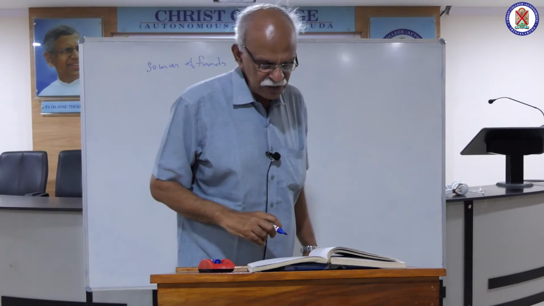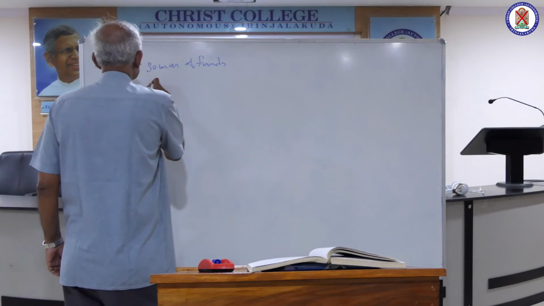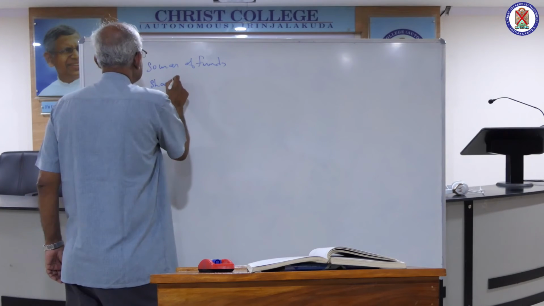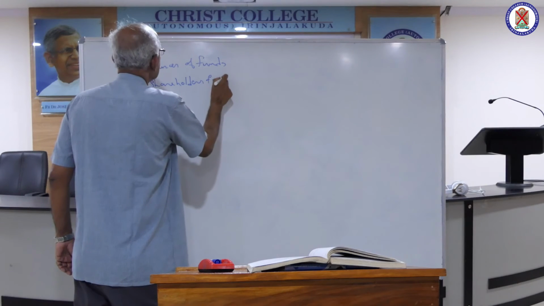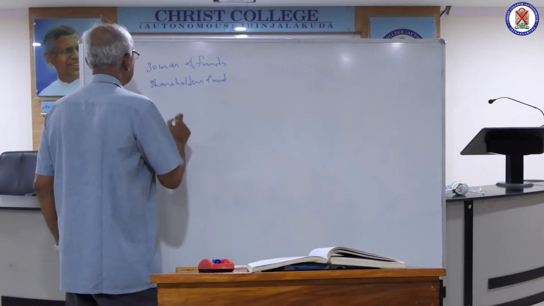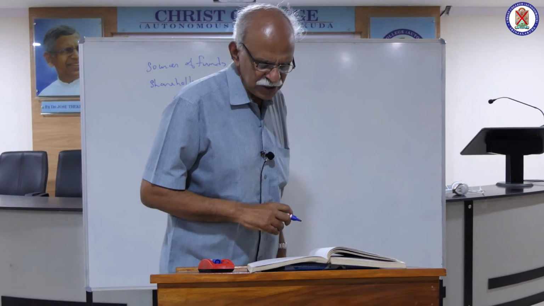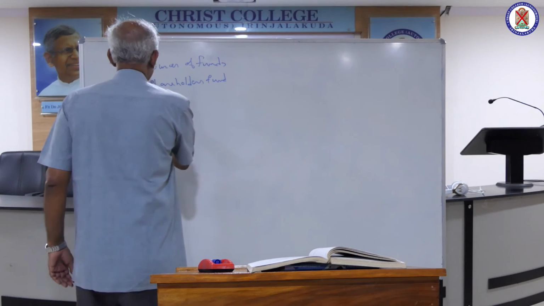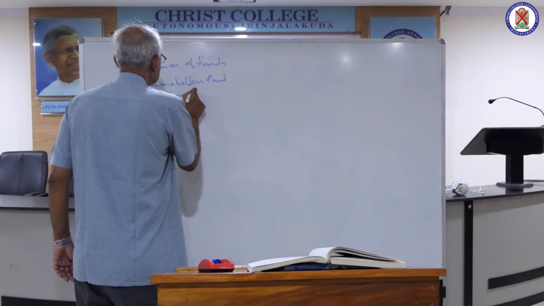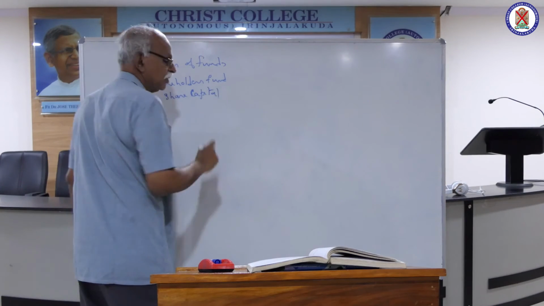In the balance sheet of a company, under source of funds, the first item is shareholders fund. Under shareholders fund comes share capital, that is schedule 5.